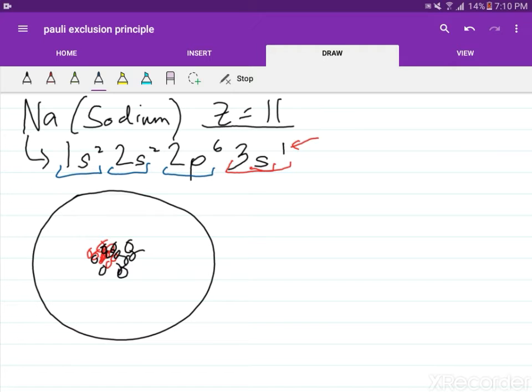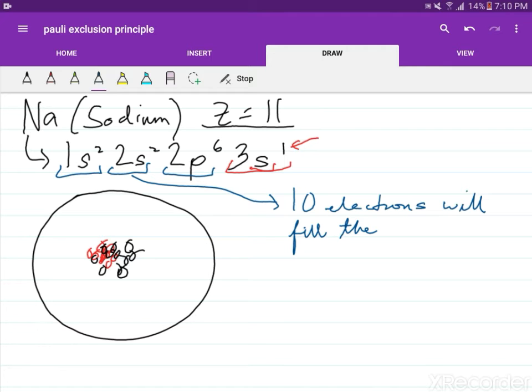So what does screening have to do with valence electrons? These 10 electrons from 1s, 2s, and 2p will fill the s and p orbitals.